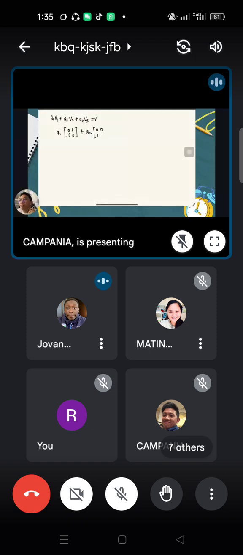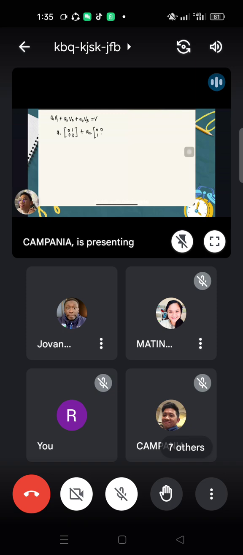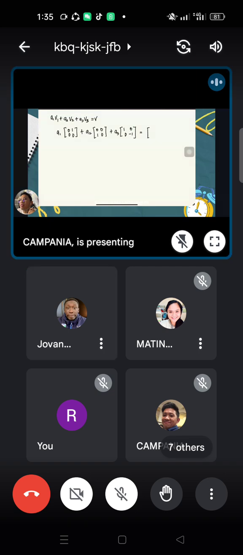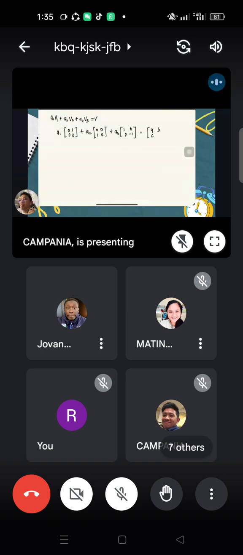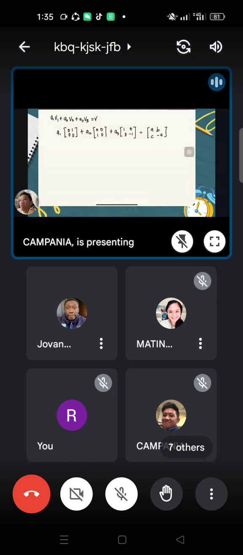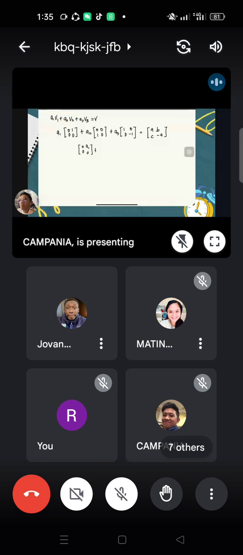Was 0, 1, 0, 0, and then vector 2 with A2, 0, 0, times the vector 2, 0, 0, 1, 0, and then A3, 1 times the vector 0, 0, negative 1, which is equal to A1, 0, 0, plus 0, 0, A2, 0, plus A3, 0, 0, negative A3.